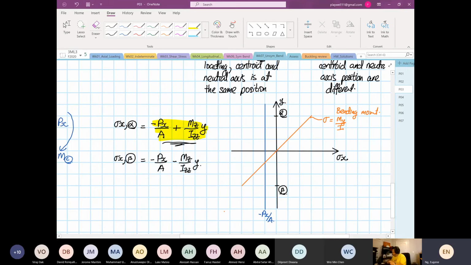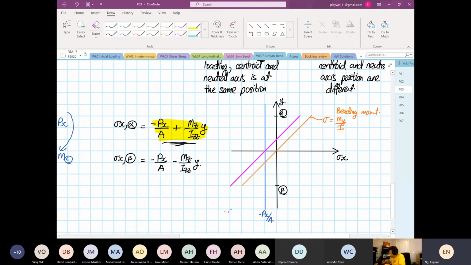And then when you add both of them together, we're going to see a shift, right? So this plus that, you're going to see a shift. Okay, so this is the shift that we will see. Right.